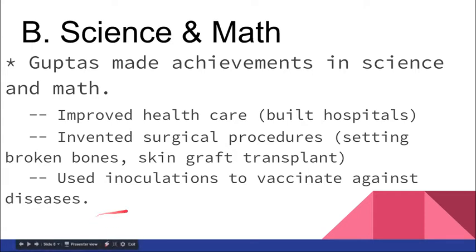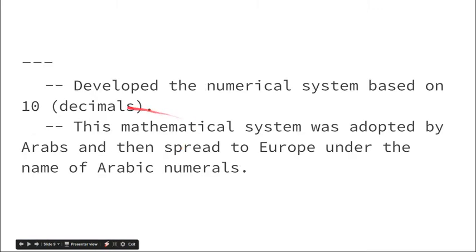So the Guptas, again, very much advanced in science and math. They're the ones that develop our numeric system. It is the Guptas who create the decimal system based off the number 10, right? And this mathematical system, eventually, we're going to see in our next time period, is going to be adopted by Arabs.